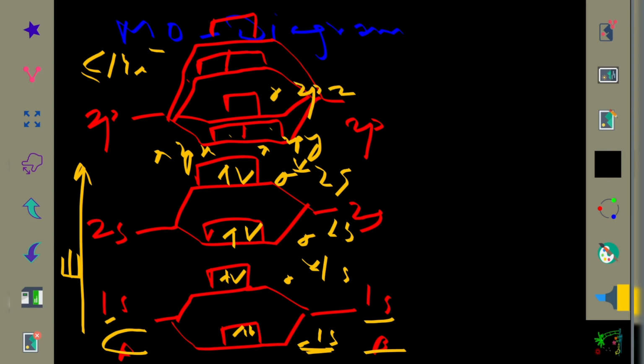Okay, so this way then anti-bonding will start, that is pi star 2px and pi star 2py, and last will be sigma star 2pz.